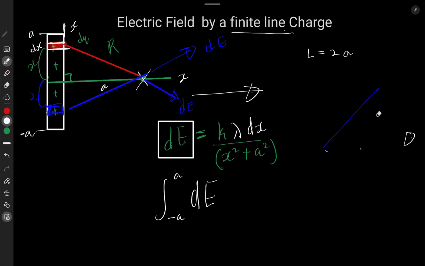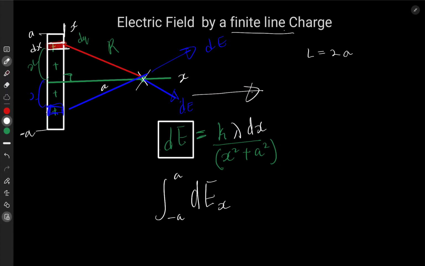So with that information, we can conclude that here we are only looking at the dEx, because the dEy are going to vanish anyway. They're going to cancel each other since this is symmetrical. But if this point or this line wasn't in the center, was up or down, it would have been a different case. It would have been more complicated and quite complex to integrate, but it's quite doable.